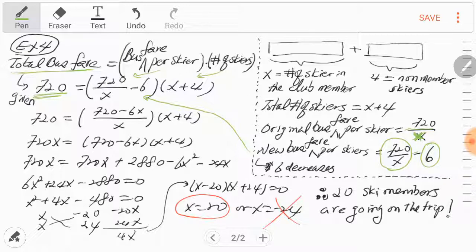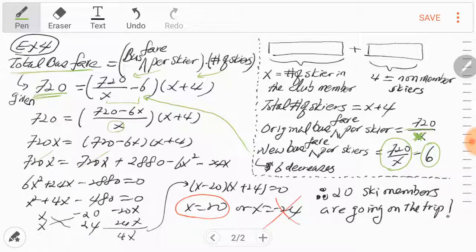So in order to do this, let's make it simple. Let's make it one fraction, and then multiply X to each side. Then this X cancels out. We have 720X on the left side of the equation. And then use the FOIL method on the right side of the equation. And then collect all the X terms to the left.